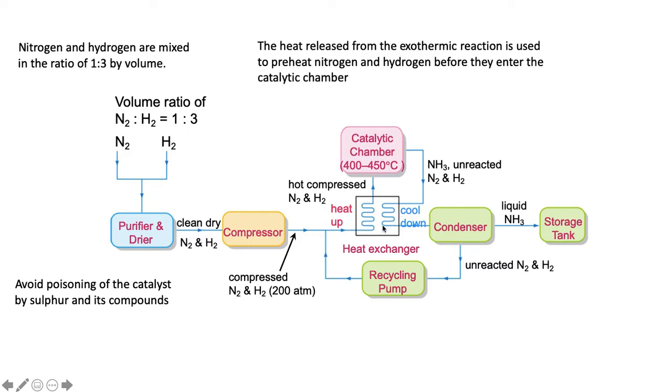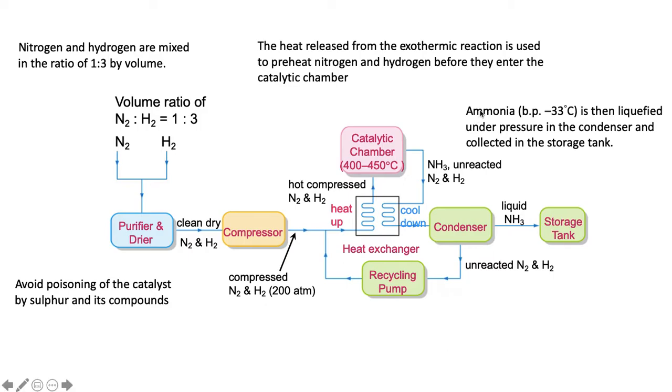In this chemical reaction, the heat released from the exothermic Haber process will be used to preheat the nitrogen and hydrogen gas before they enter the catalytic chamber. This is also environmentally friendly, and it reduces the cost of heating up the nitrogen and hydrogen gas.